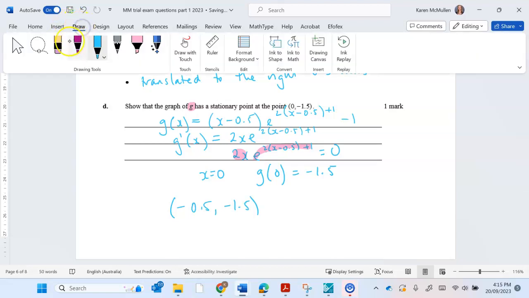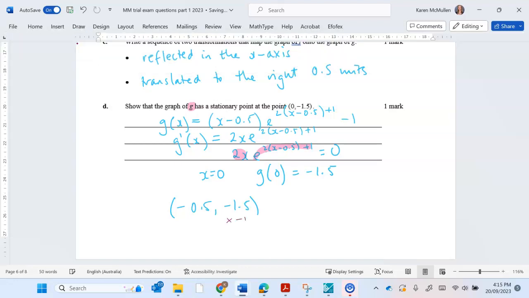Now, using mapping, we're going to have a reflection in the x-axis, so we multiply that by negative 1, and then it's shifted to the right 0.5 units. So plus, that's going to give us 0 and positive 1.5.